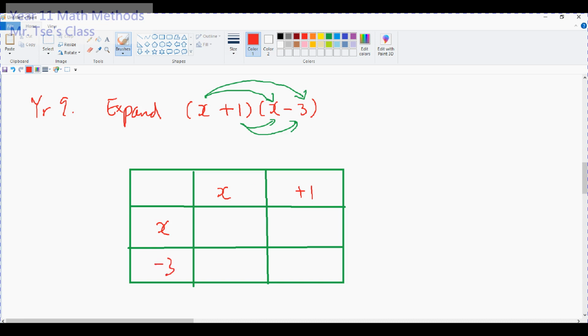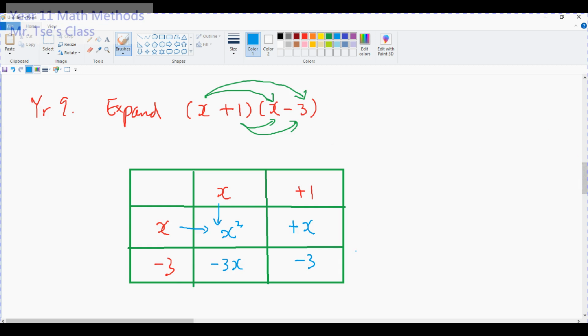Then you get the combination of the row and columns by doing multiplication. The first term you will get is x times x, which becomes x squared. The second one is plus 1 times x, which is just plus x. And x times minus 3 is minus 3x, plus 1 times minus 3 is minus 3.